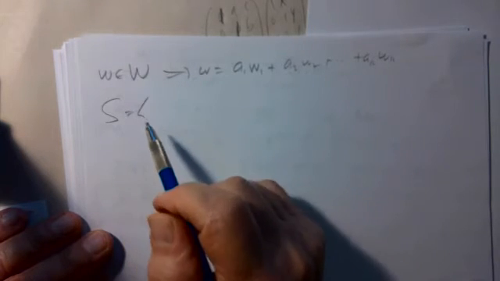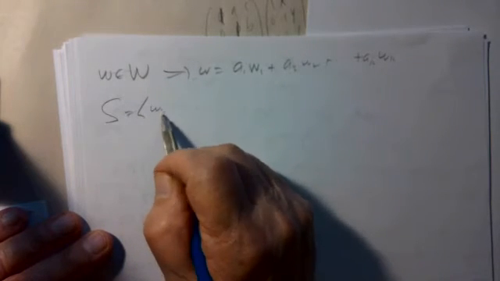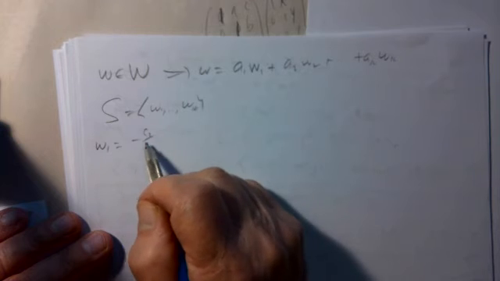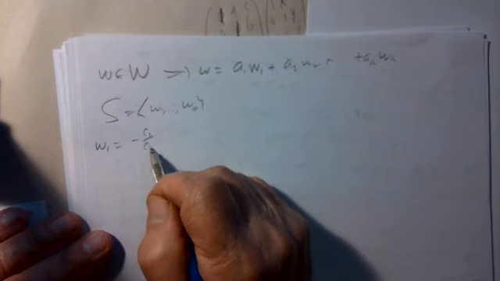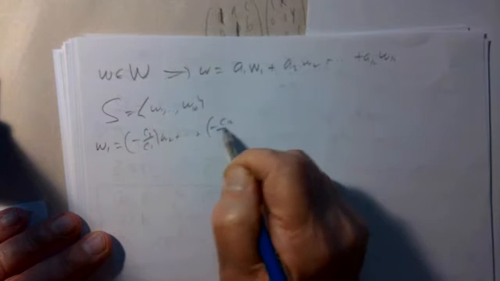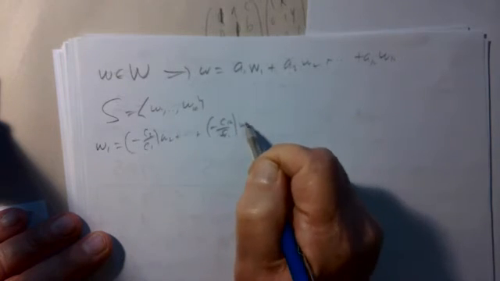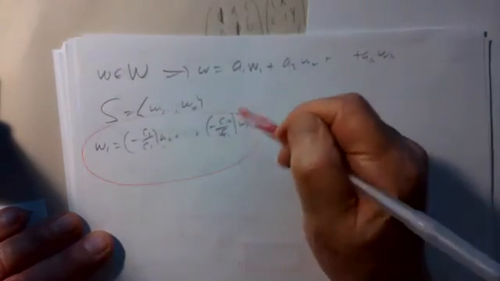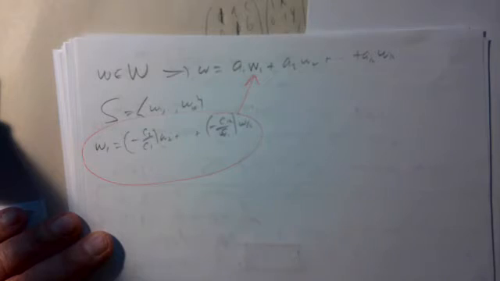Remember, S is the set of k vectors, and we just proved that W1 is some linear combination of W2 up to WK. So I can take this formula for W1 and plug it in here.